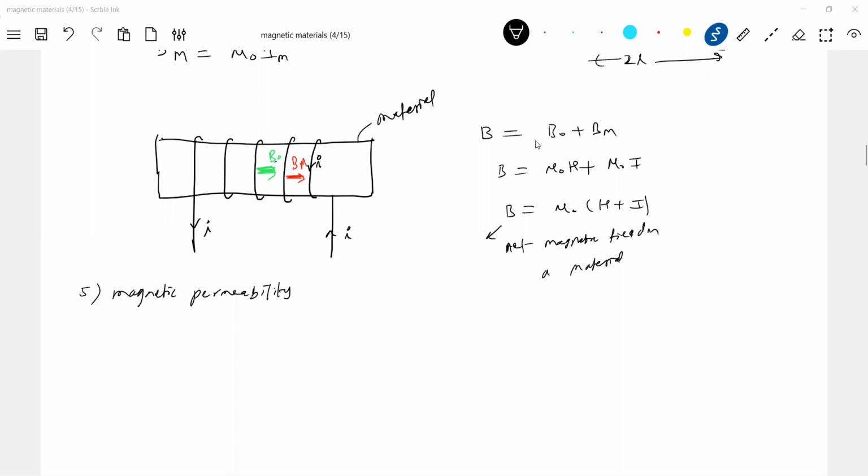The name itself says permeability: it permits how much the material will permit to get magnetized. It's a measure of the ability of a substance to get magnetized. Or how much magnetism it will permit inside that material. How much magnetism the material will permit is nothing but called magnetic permeability.